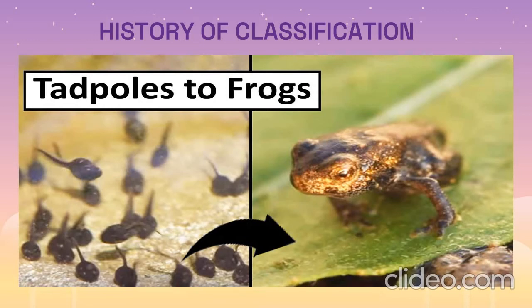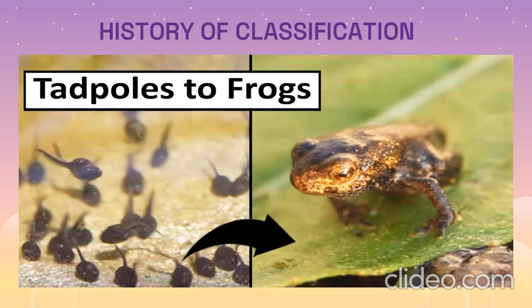Do you know about the frog? Of course you know about the frog. The larval stage of the frog is known as the tadpole. The frog is an amphibian, so it lives inside water as well as on land. The frog lays its eggs inside the water, and the egg hatches out as a tadpole larva. The tadpole larva has gills and appears like a fish, so it survives inside the water like a fish.